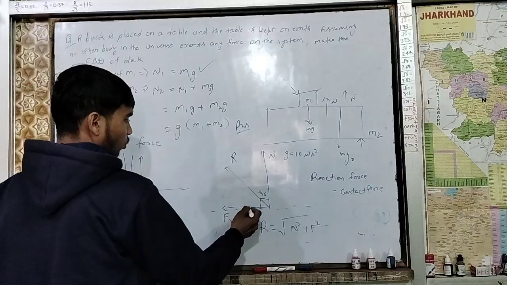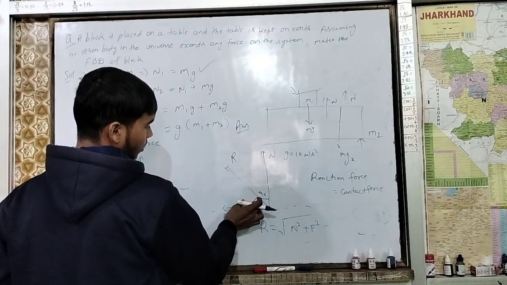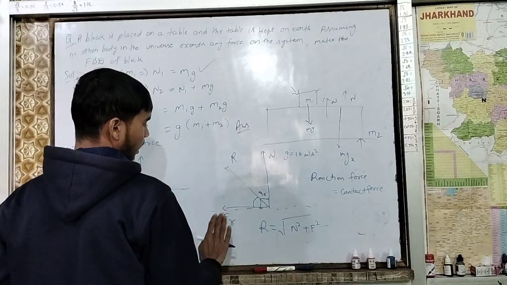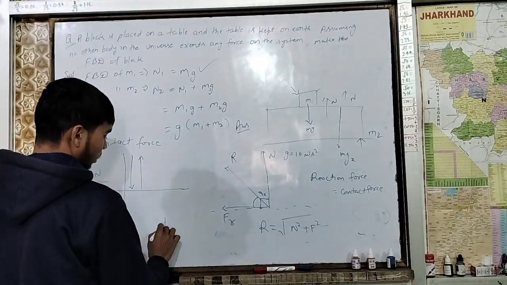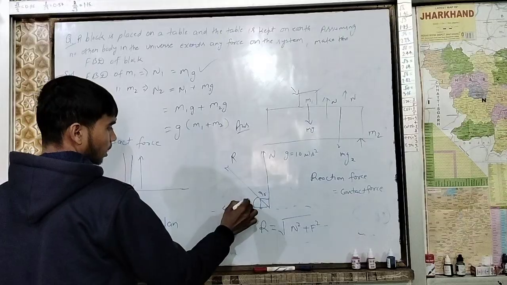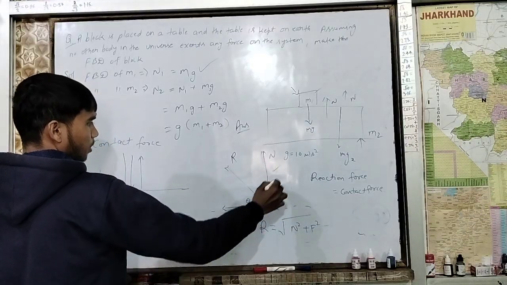And tan theta. If you want to know the angle between the resultant vector and another vector, then you have the formula: tan theta will be equal to perpendicular upon base.